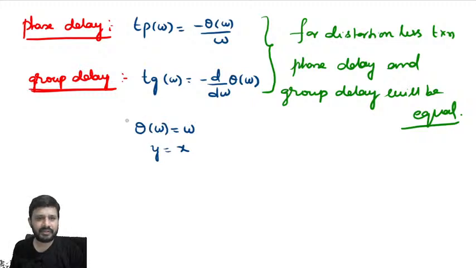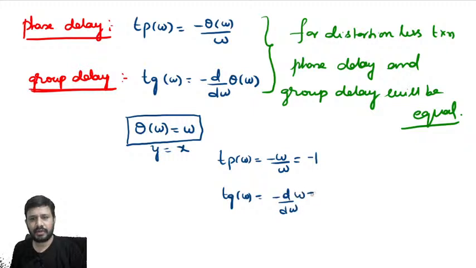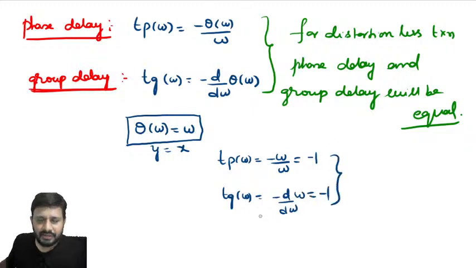Phase is linear means this is the phase of a distortionless transmission. Let's substitute theta of omega in minus theta of omega by omega, which gives minus 1. Let's find out the group delay, minus d by d omega of theta of omega. Yes, it is satisfied. Remember, for distortionless transmission, phase delay and group delay are equal.